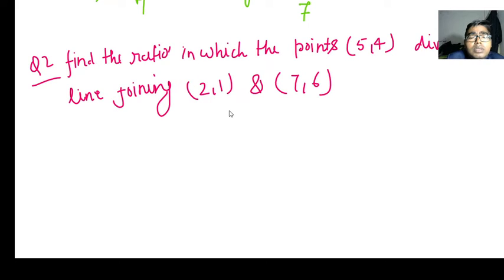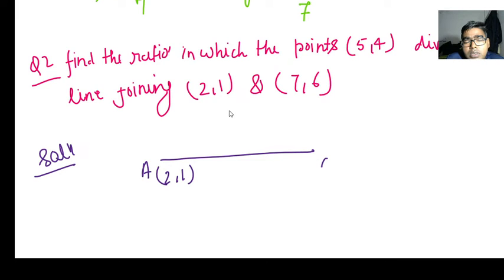Simply suppose that this is a line, point A is 2 comma 1, the other end is 7 comma 6, point P has coordinates 5 comma 4, and it divides this line into m1 is to m2.